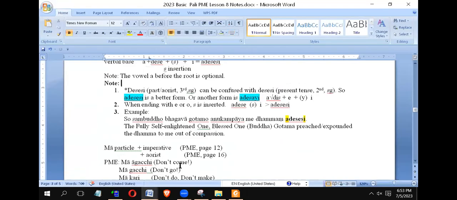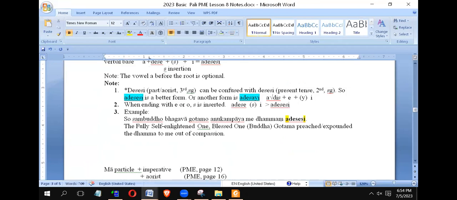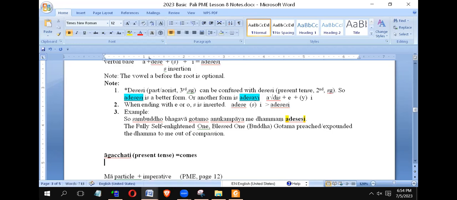So we look at this form. Now we start with the simple thing. The first one is agachati. This is present tense. What's the meaning here? Comes, right? Now you need to find out the verbal base.